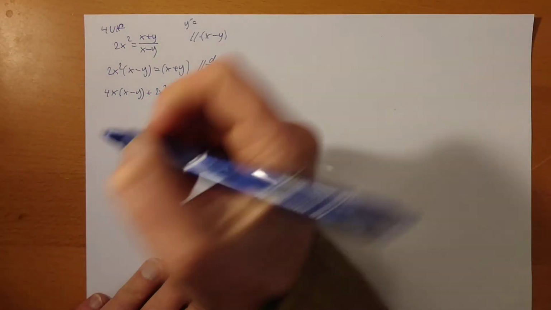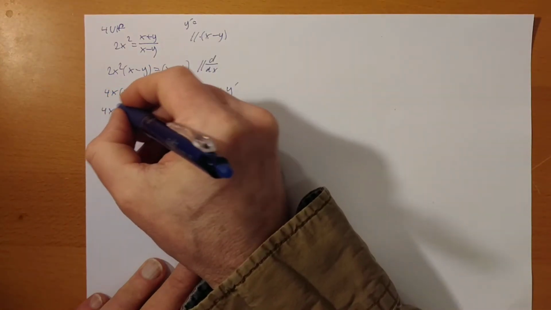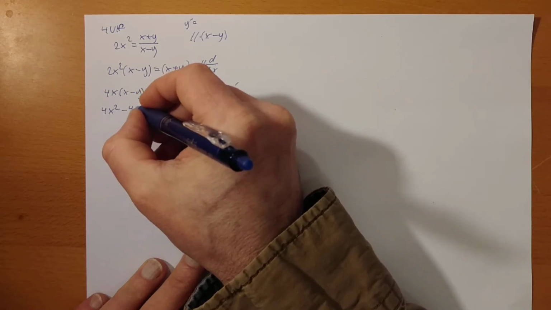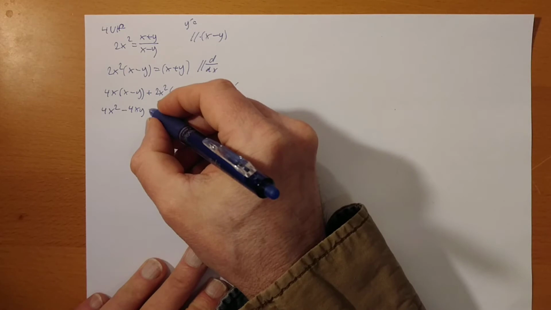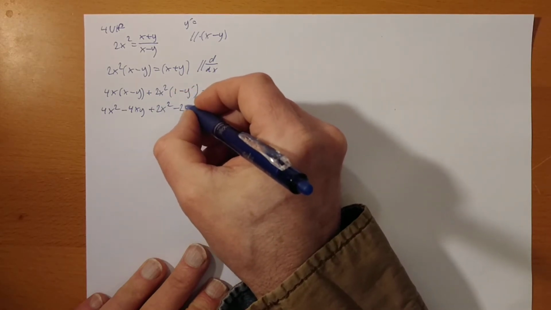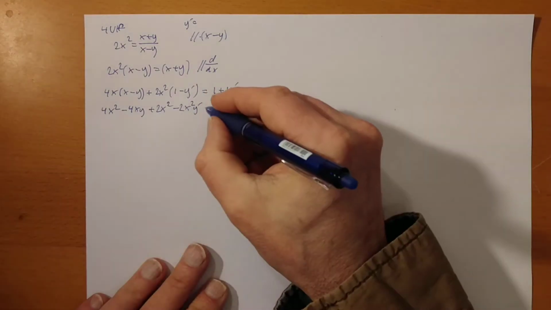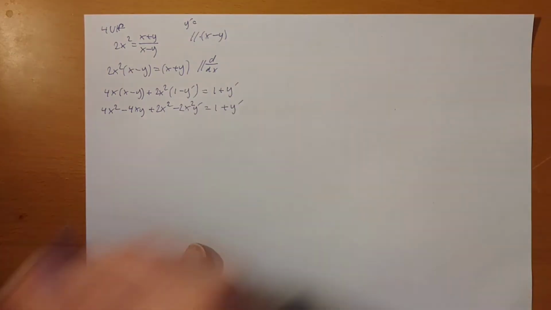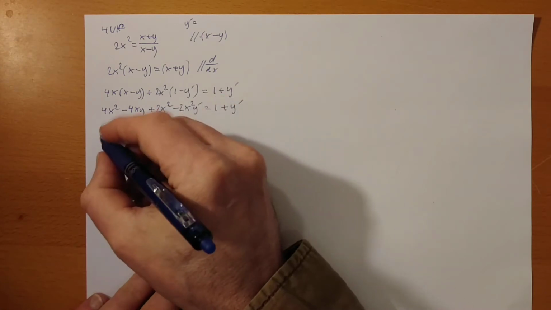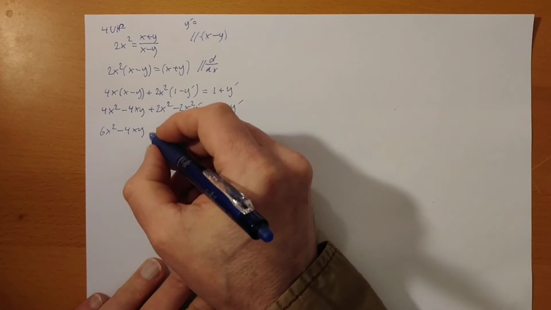Let us expand this. So 4x squared minus 4xy plus 2x squared minus 2x squared y prime equals 1 plus y prime, right? We can combine this 4 and 2, so we have 6x squared minus 4xy.